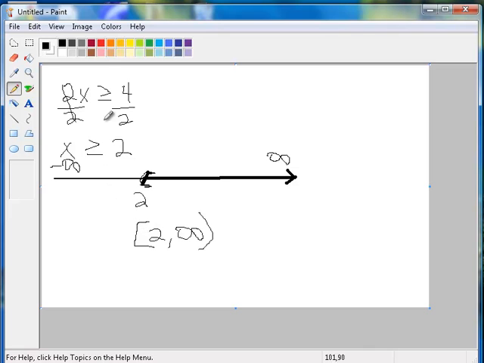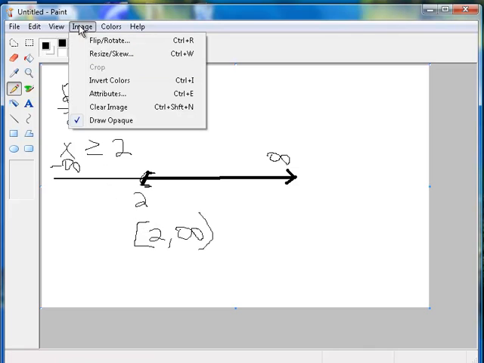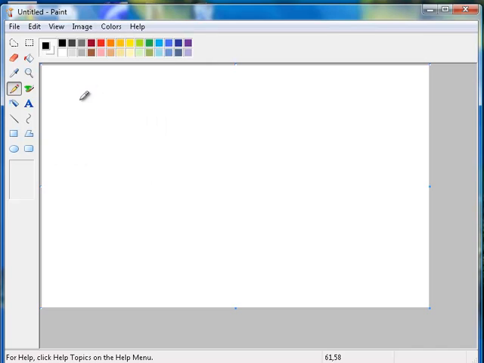Okay, let's do one now that is less than or equal to. Suppose we had 3x is less than or equal to 9. We would divide by 3, and we would get x is less than or equal to 3.